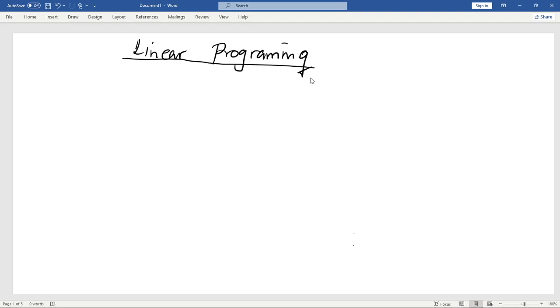Okay, so linear programming is a method used to find the best solution to problems that can be expressed in the form of linear inequalities, so to say.